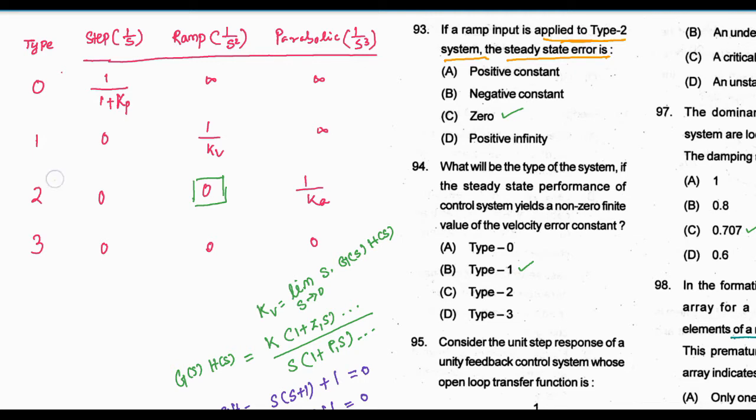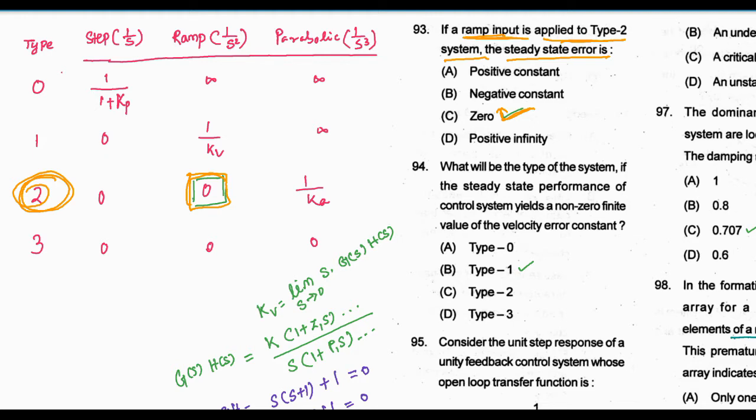So here type 2 system, and what is the input? Ramp input. So the answer will be 0. Simply the answer will be 0. So what do we have to remember? For step input and type 0 system, the steady state error will be constant, and this will be 1 by 1 plus Kp, where Kp is the positional error constant.